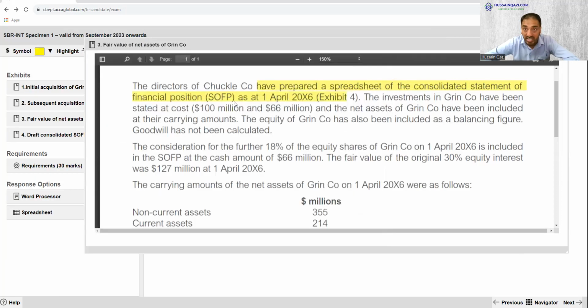Okay. So this is the balance sheet. Directors of Chuckle have prepared a spreadsheet of the consolidated balance sheet, the consolidated statement of financial position, SOFP, at 1st April X6, Exhibit 4. Now, investment in Grin has been stated at cost 166.